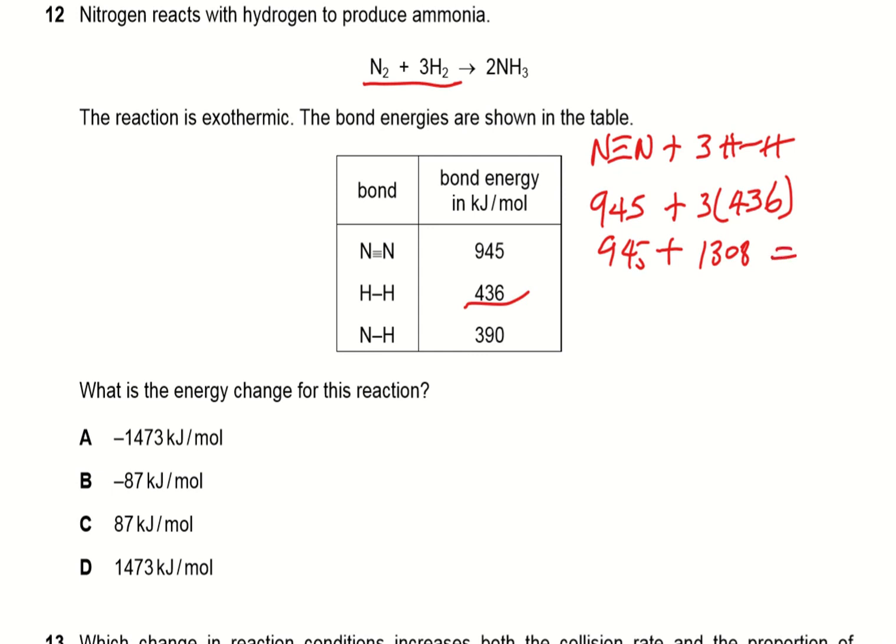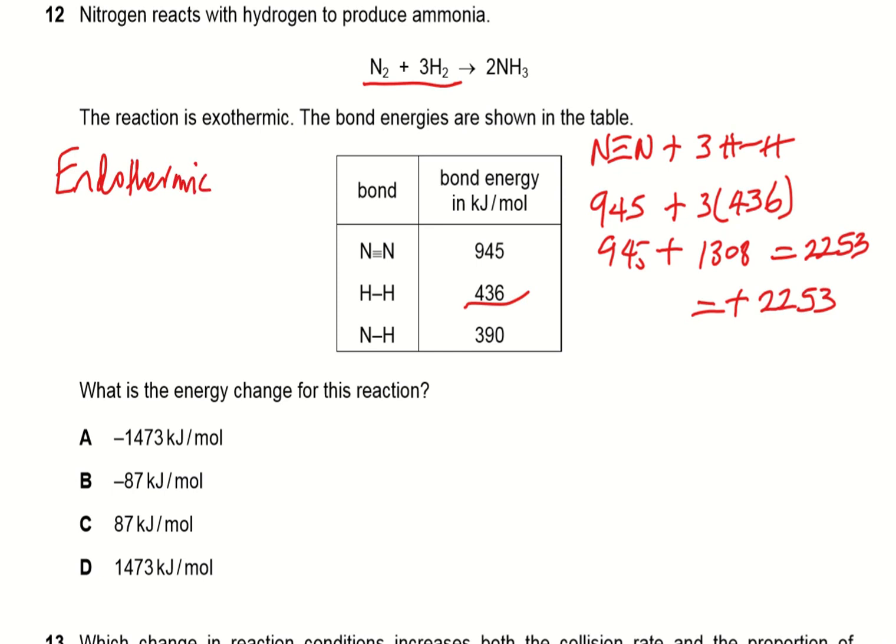Adding all that together, we should get 2253. Because here bond is being broken, bond broken means that it's an endothermic reaction. So we put in our sign here, which is 2253. Please, you need to record that.